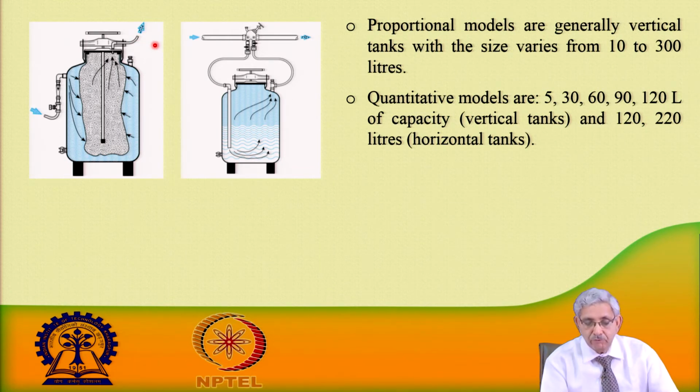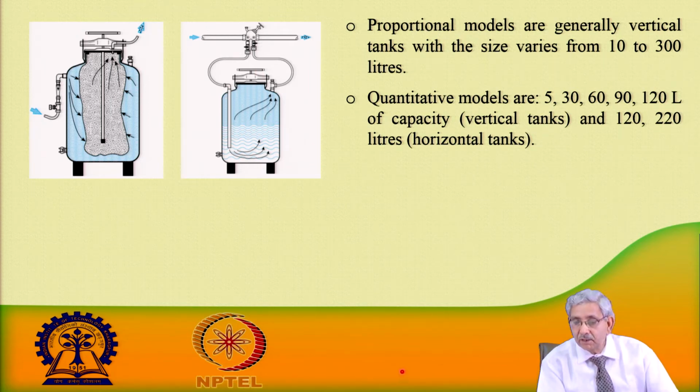So, this is one model, and this is the normal model where the water comes, gets into the system and then goes. That is what I explained in the previous case. There are also proportional models, which are generally vertical tanks with sizes varying from 10 to 300 liters, depending on the amount of fertilizer one has to inject into the system.